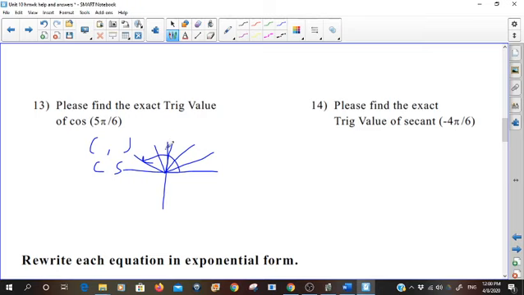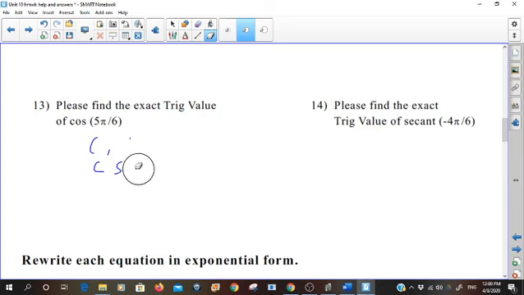So up here, let's see, 1 pi over 6, 2 pi over 6, 3 pi over 6. I messed up somewhere. No, wait. Let me try that again. Sorry.